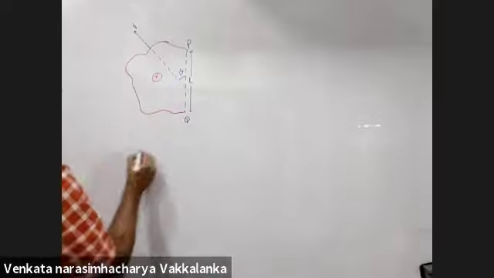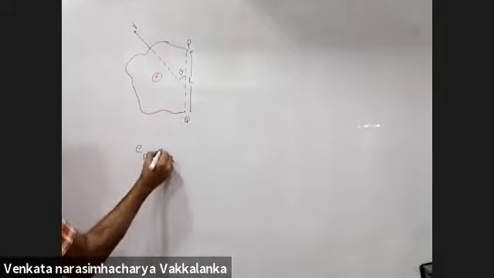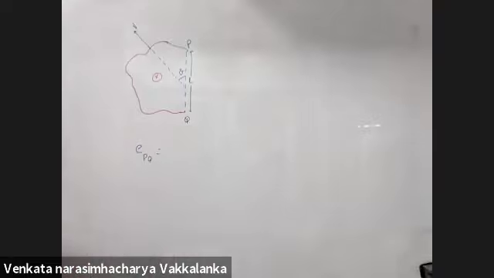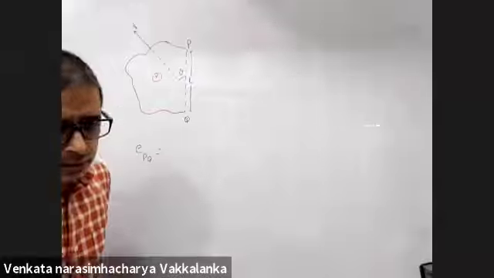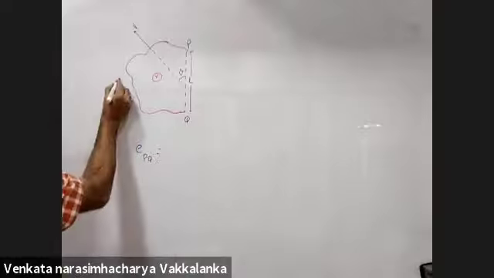Find the motional EMF across PQ. There's a wire in the center which is producing a magnetic field, an external magnetic field. This is the magnetic field.